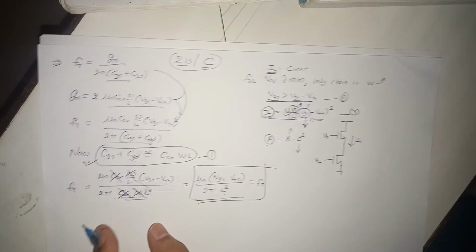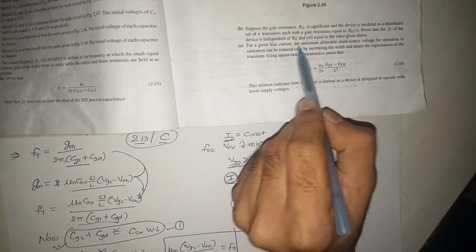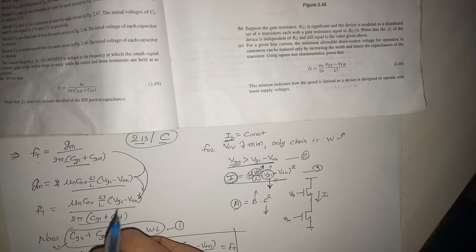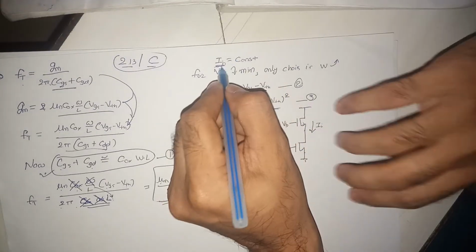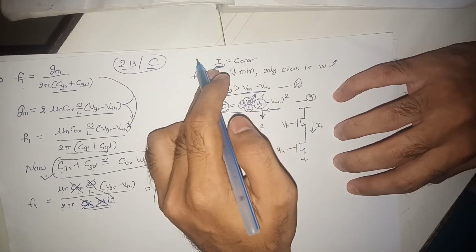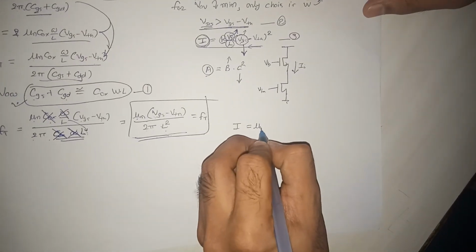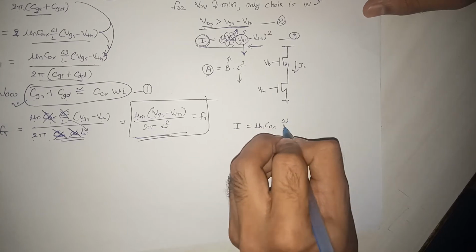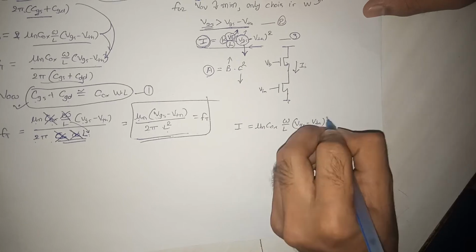Alright, now let us discuss that thing. So this is what I am trying to explain. If bias current is constant, you know the current equation, that is I equals mu n COX W by L (VGS minus VTH) square.